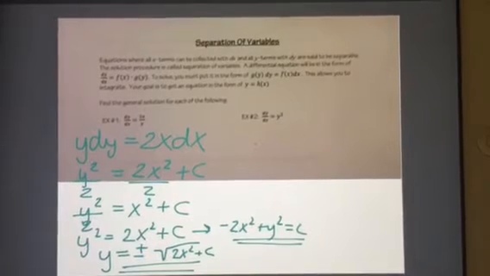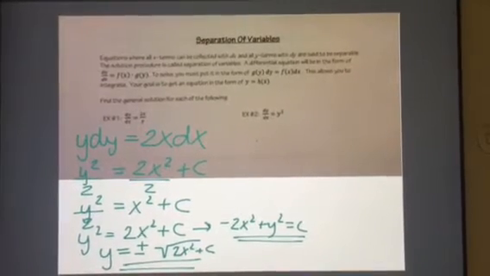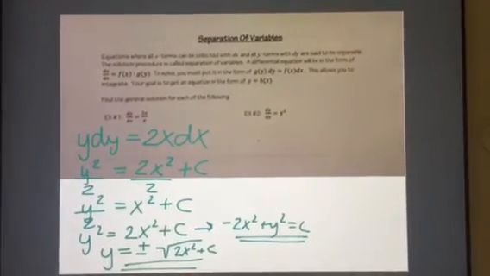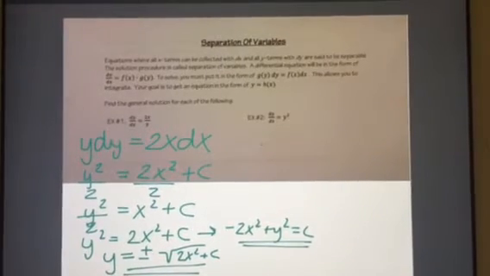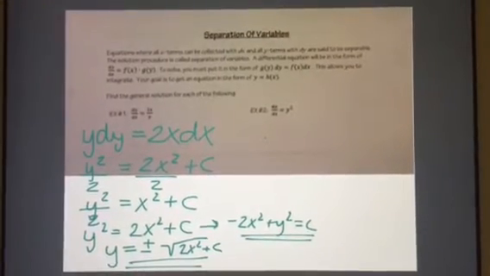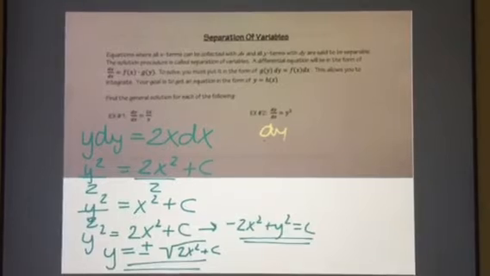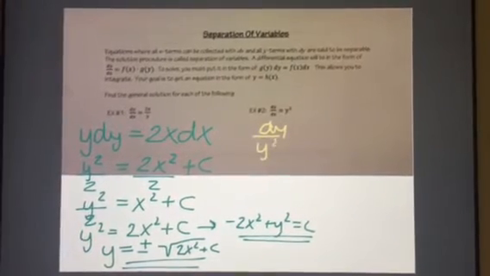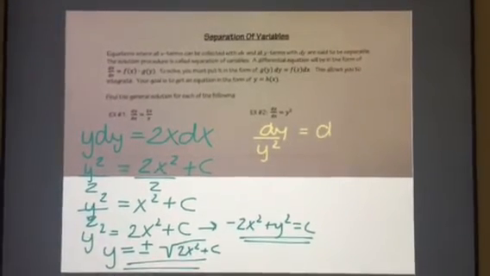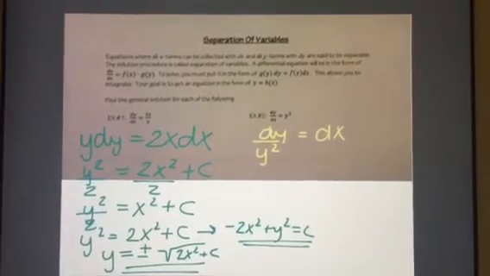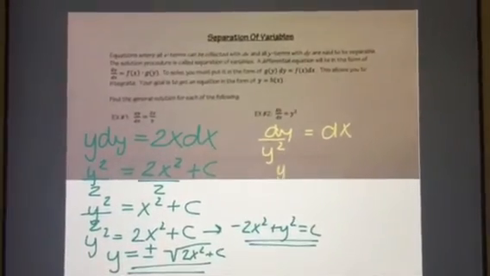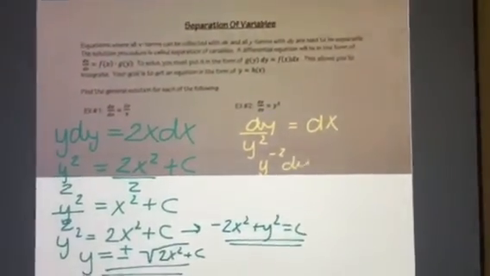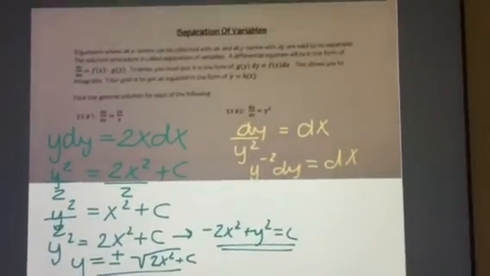If we look at the next example, we need to send the y over, send the dx over. So they're just going to switch places. So dy over y squared will equal dx. Now when we integrate, we're going to send this up. So y to the negative 2 dy equal to dx.